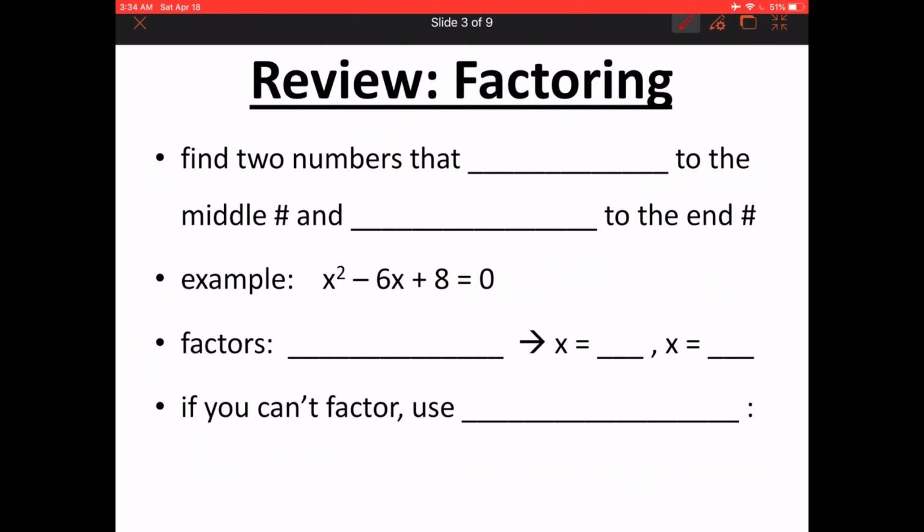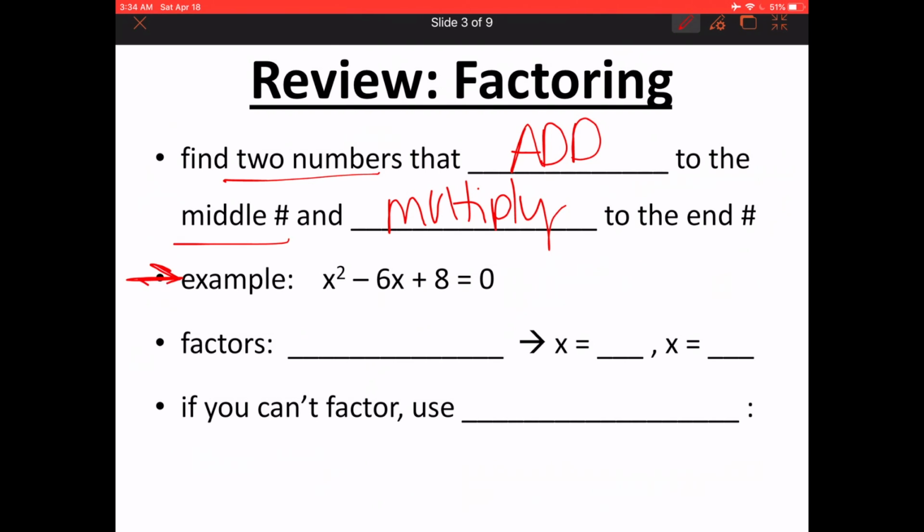We will be doing a little bit of factoring today, so just a review with that. When you are factoring traditionally for working backwards, you want two numbers that add to the middle number and that multiply to the last number. So for example, right here, we want two numbers that add to -6 and that multiply to +8.